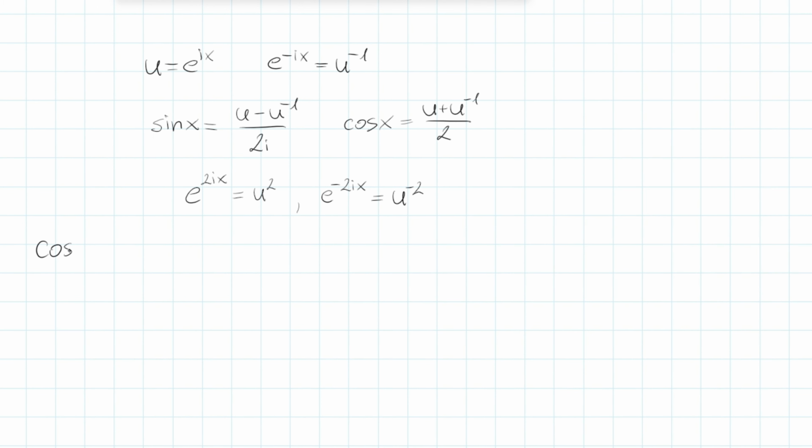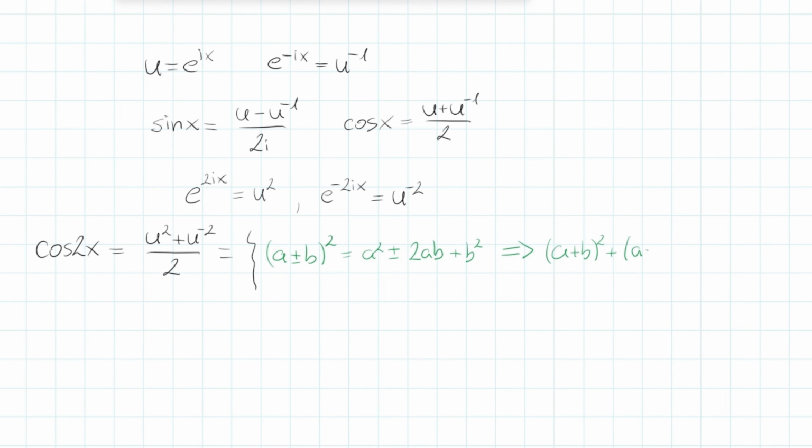What about cosine of 2x? What do we do with u squared plus u to minus 2 over 2? Remember the formula a plus minus b squared is equal to a squared plus minus 2ab plus b squared? If we add a plus b squared to a minus b squared, we get twice a squared plus b squared, because 2ab cancels out.